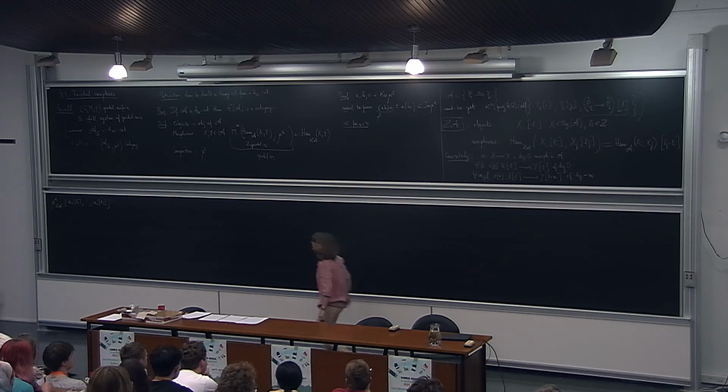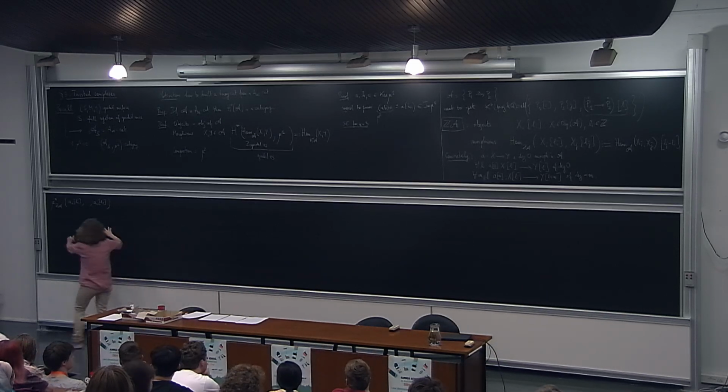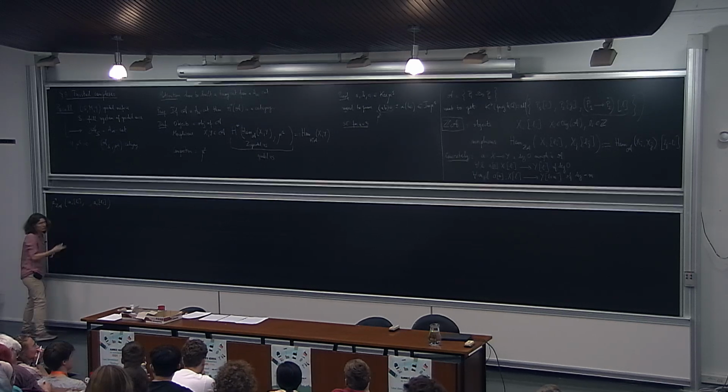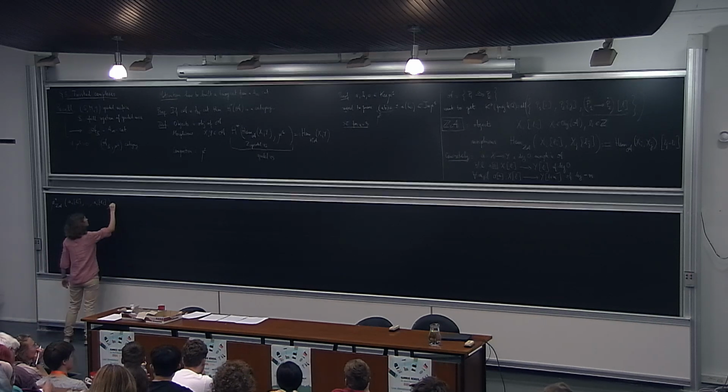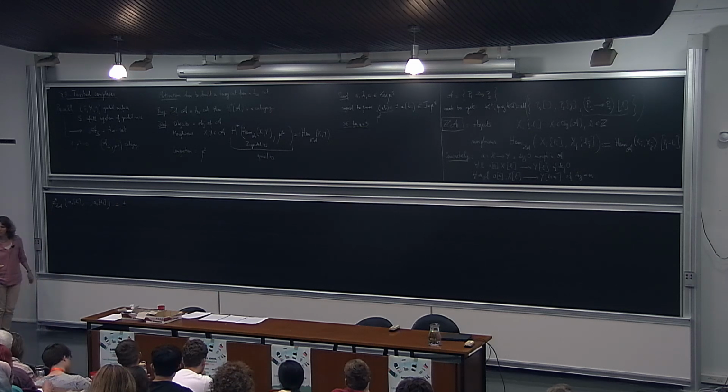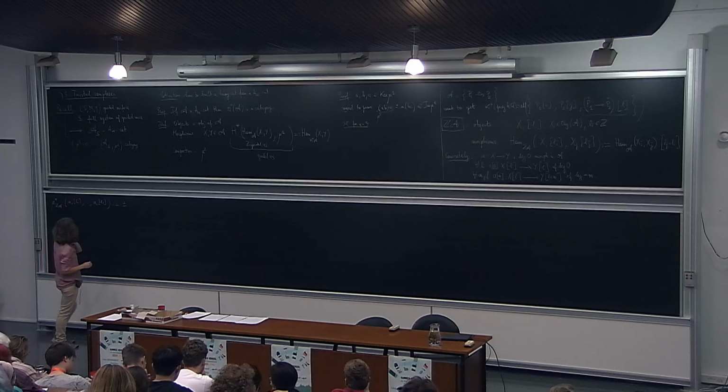So here it's not really clear what I mean by this, but they should compose. So the target of this should be the source of the next one, and so on, to make sense. And here there is a big, complicated sign issue, but we don't speak about signs here.